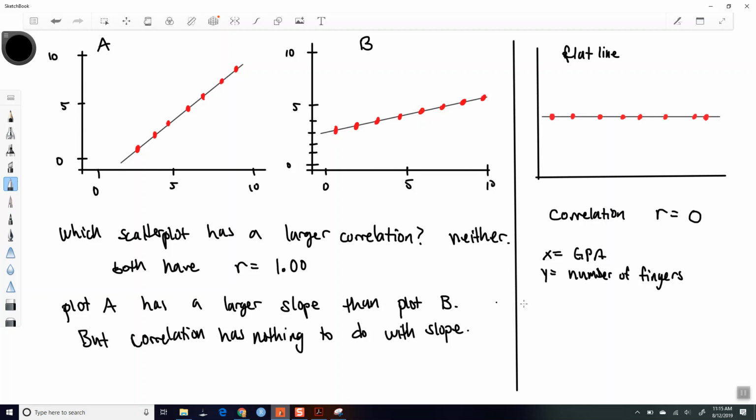Which actually brings us to another point, in that the correlation between x and y is going to be the same as the correlation between y and x, okay? So I'm going to just list off some key properties of R. Okay.